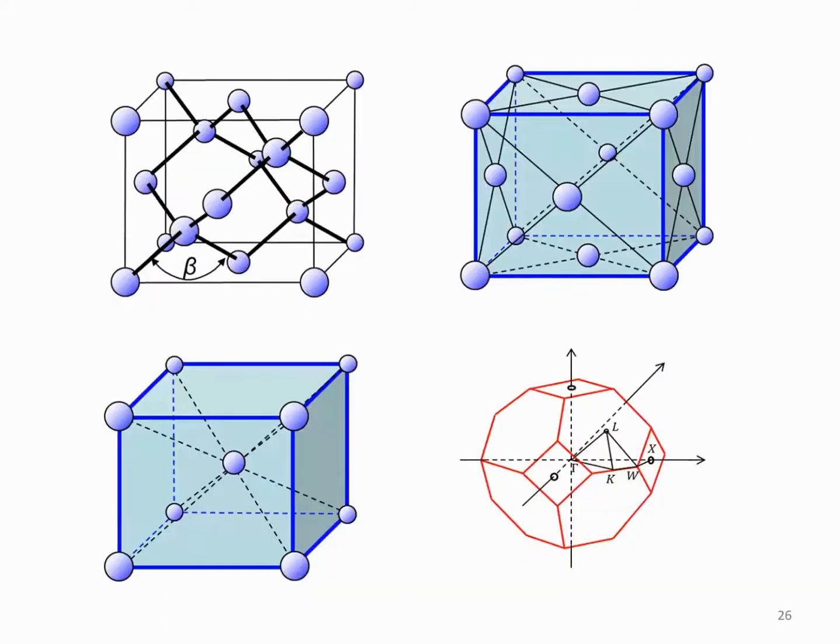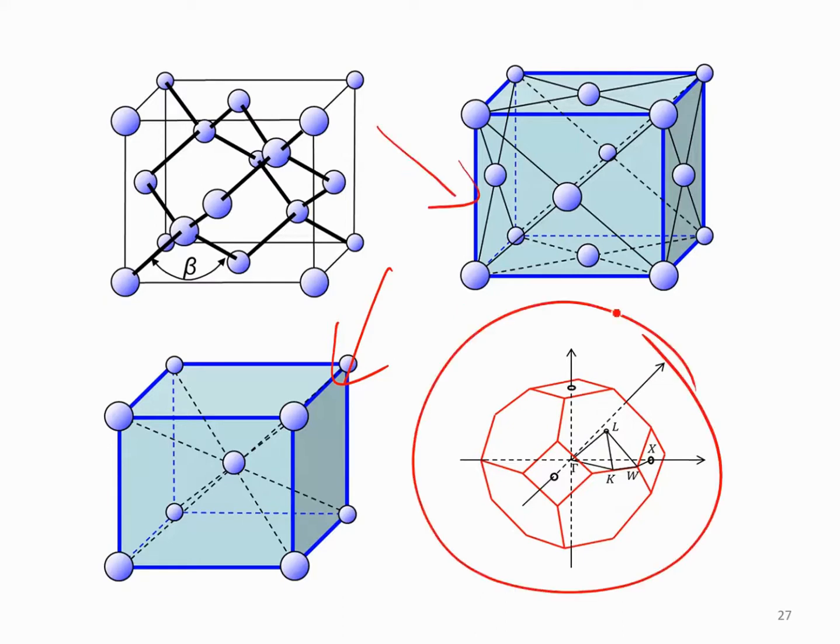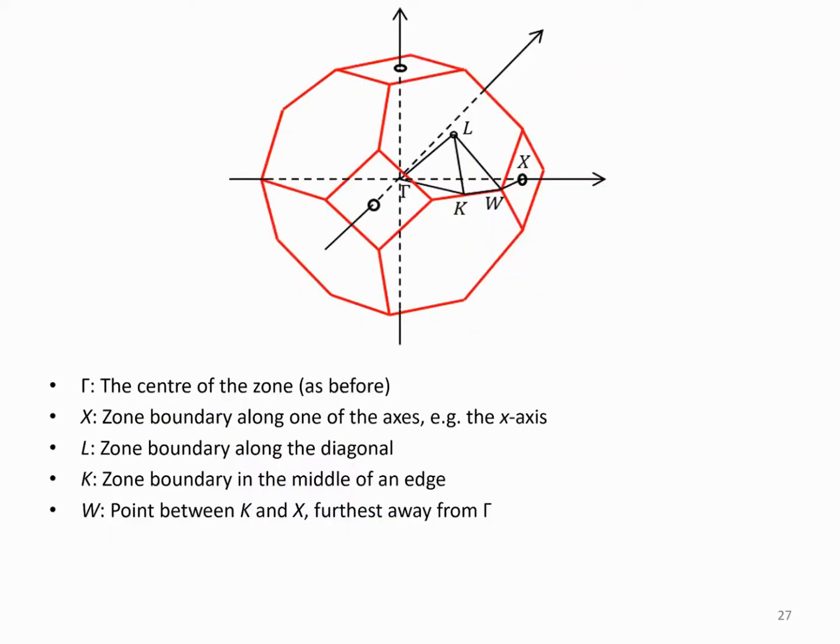Then next, okay. This is a body center cubic, and this is a face center cubic. So this is the first Brillouin zone of the face center cubic, right? Face center cubic, the first Brillouin zone. So I magnify it. So we have special symbols.